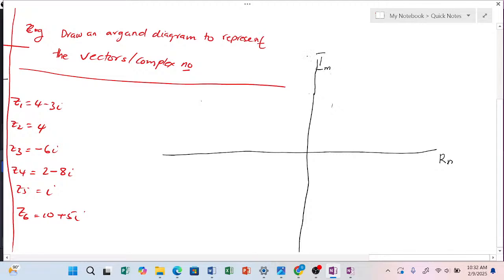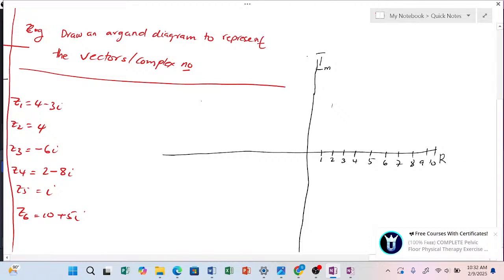I know that this axis will be positive and the rest. So let me graduate it. So 1, 2, 3, 4, 5, 6, 7, 8, 9, 10. Let me erase it and extend the line. So 10, 11, 12, 13, and there's my real.